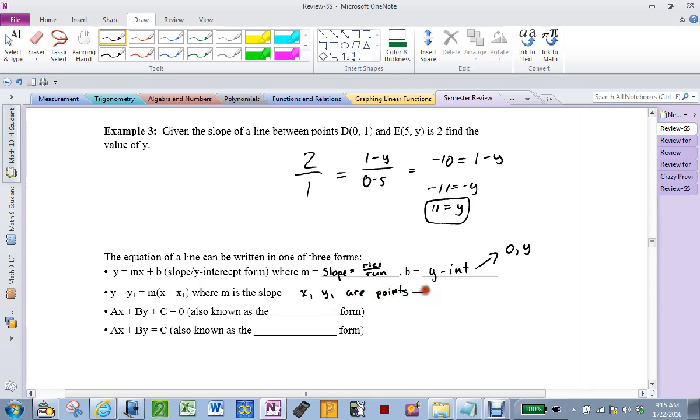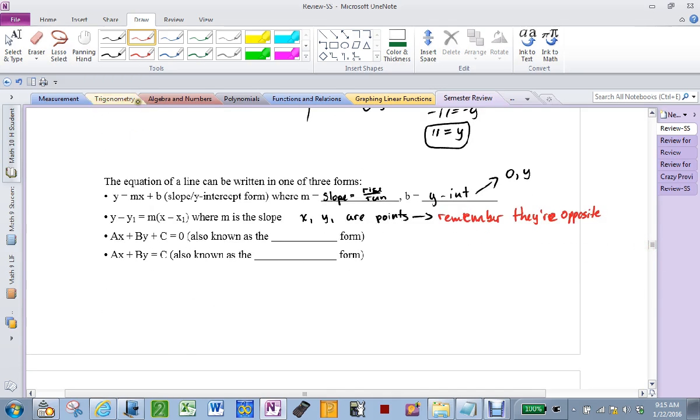What's the warning? What do you have to remember? Points. They're opposite. Why are they opposite? Because, if you have y minus 7 equals slope of 1, x plus 3.